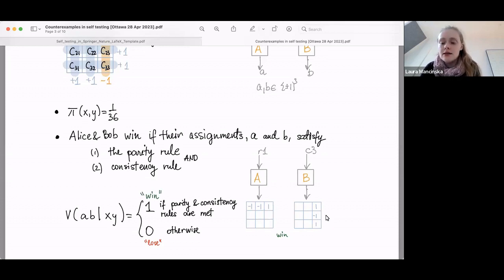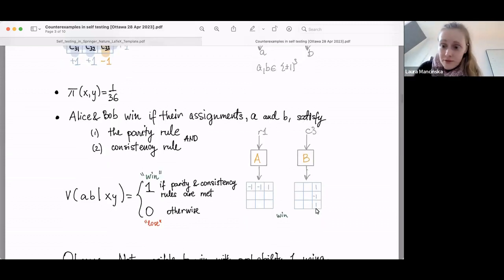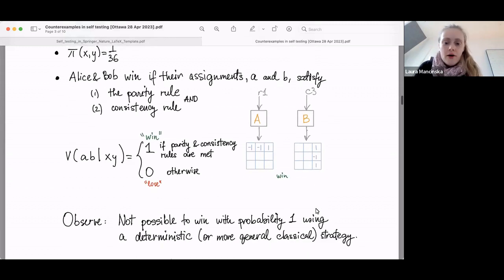Indeed, it does. And it needs to multiply to -1 for Bob, because Bob got the special last column. That checks out. The final thing we need to check is that at the intersection they both assign the same thing. They both assign +1. Because both of these rules are met, they win this round of the game.